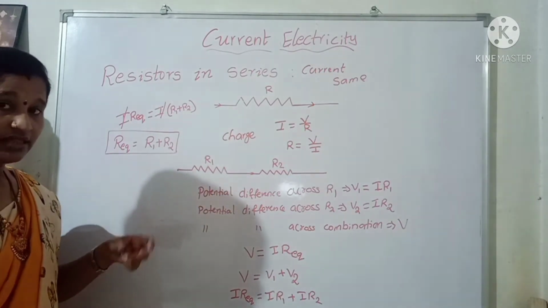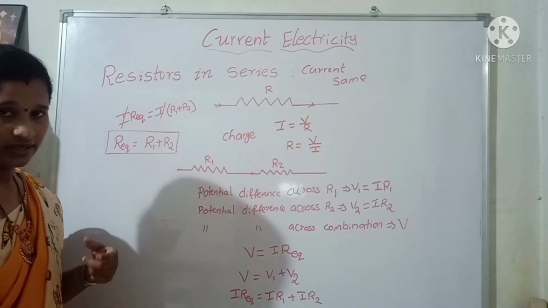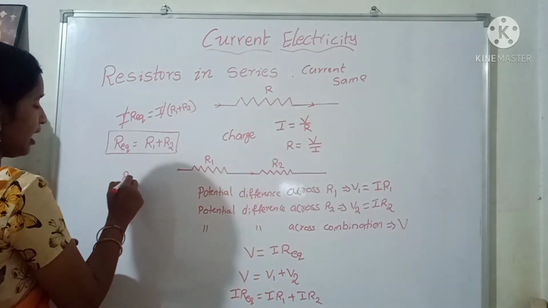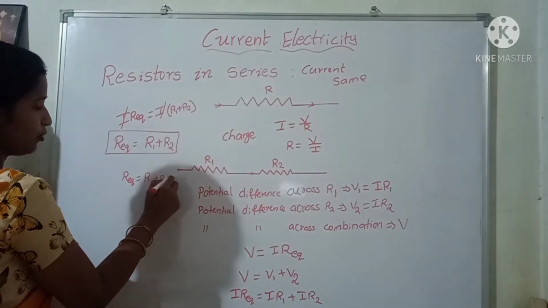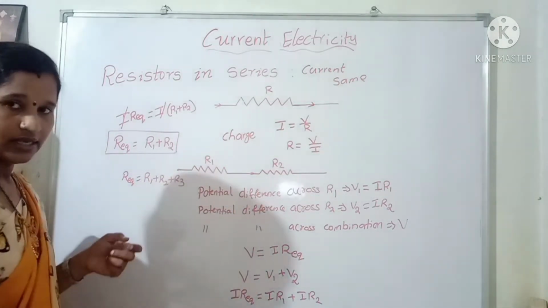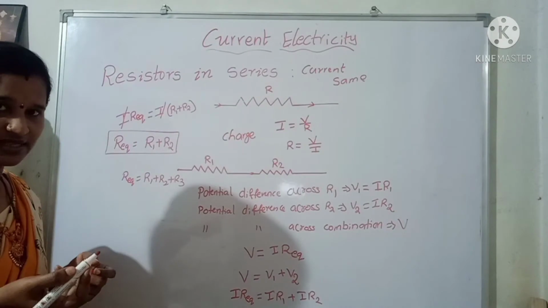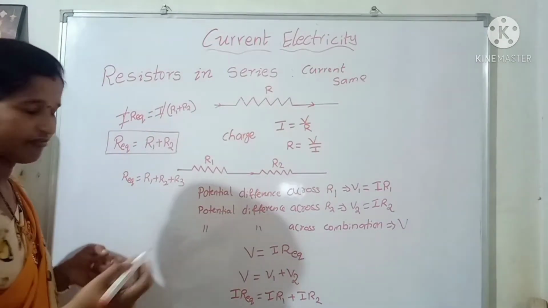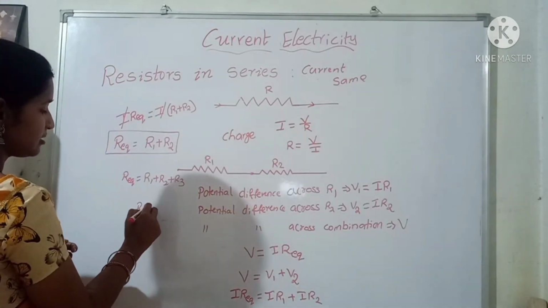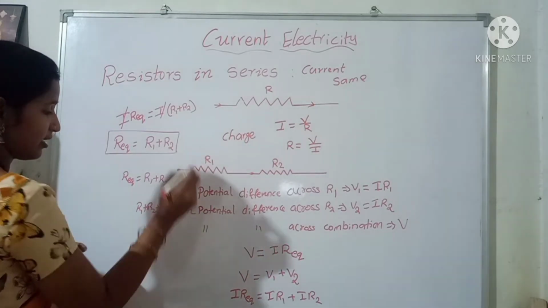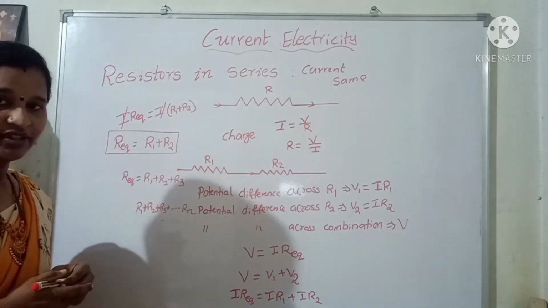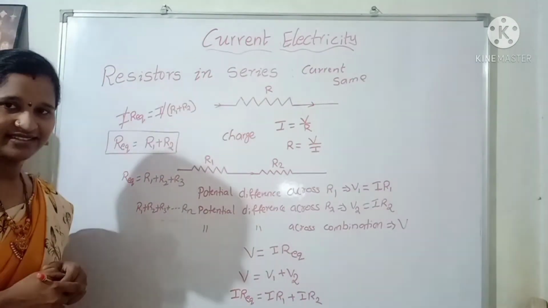Suppose three resistors are given, then R equivalent equals R1 plus R2 plus R3. For n number of resistors, R1 plus R2 plus R3 and so on up to Rn. This is about the series combination.